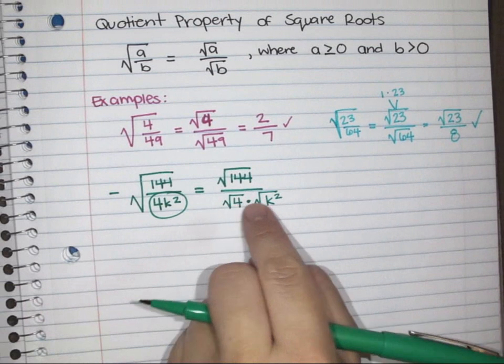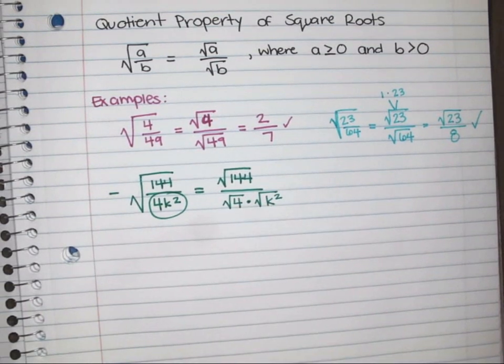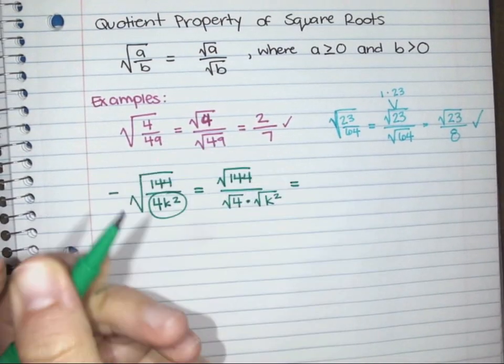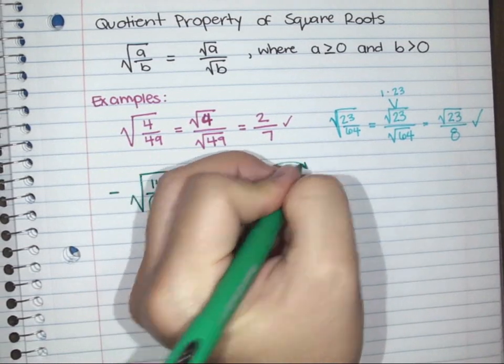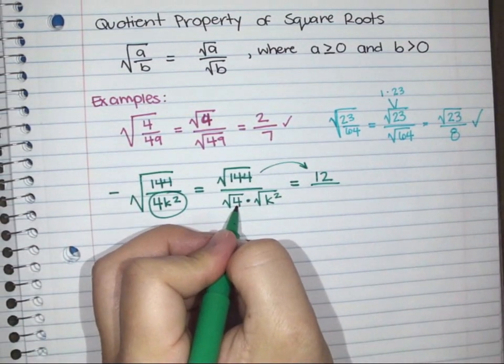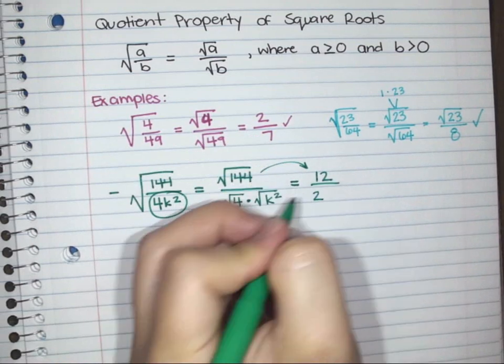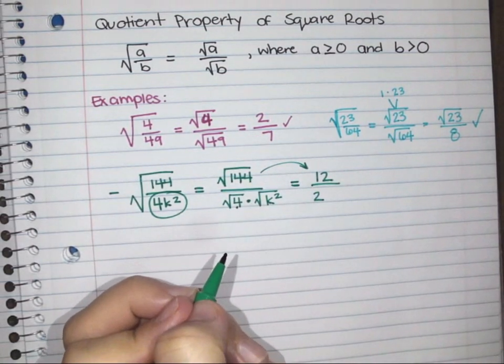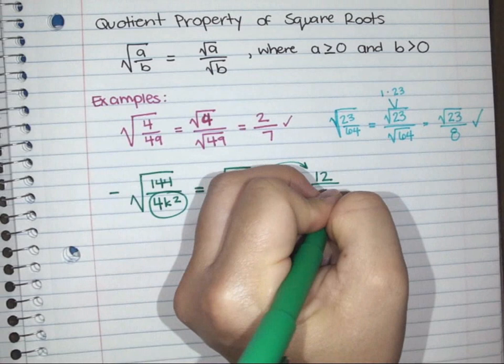So that right there is my product property at work. I can rewrite this as the square root of 144 is 12, square root of 4 is 2, and the square root of k squared is k.